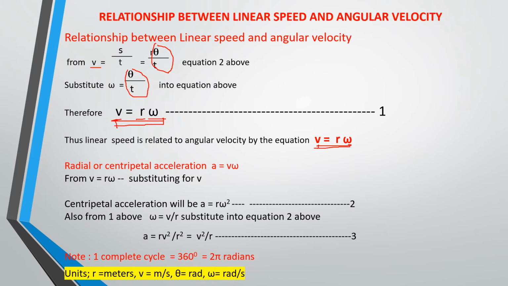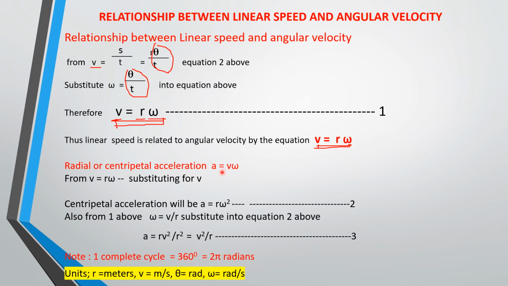Now, having known all this, what about the centripetal acceleration? Centripetal acceleration a is given by v, which is linear velocity, times angular velocity.